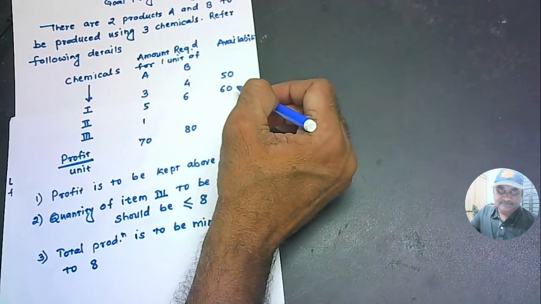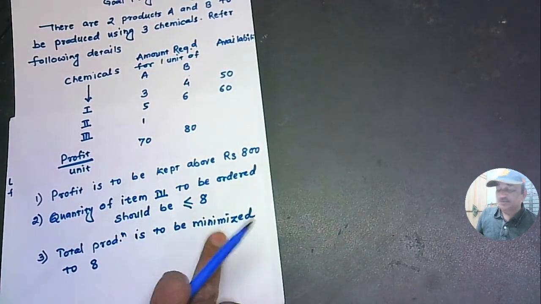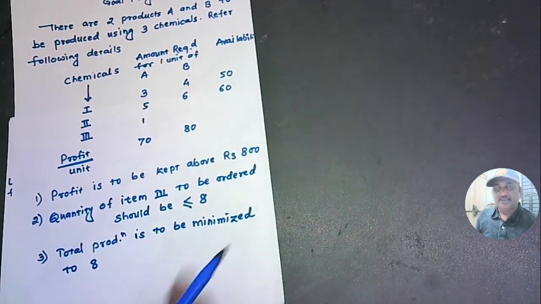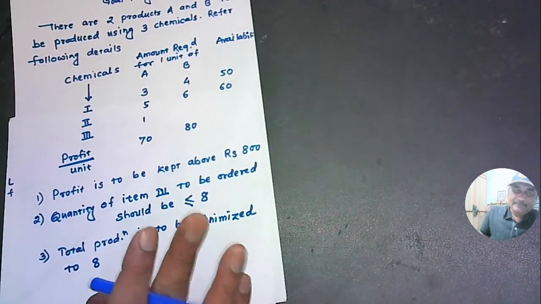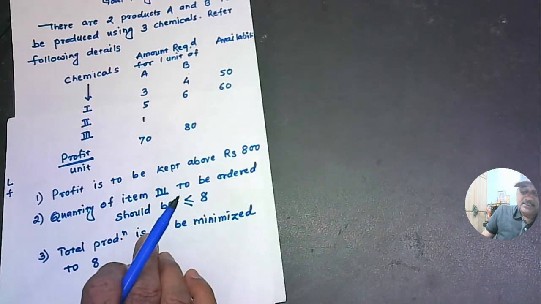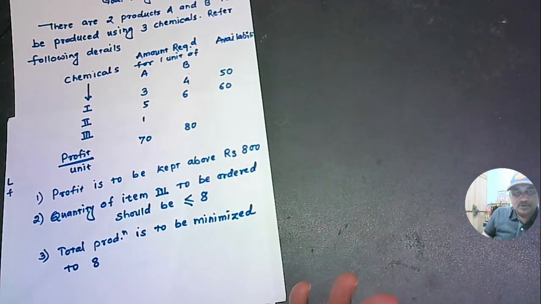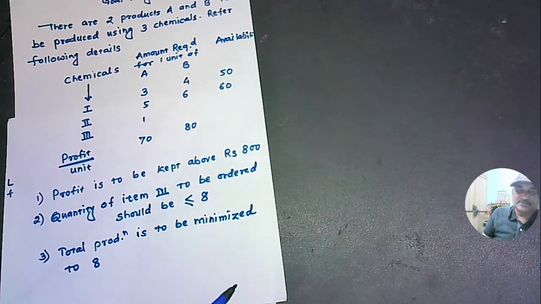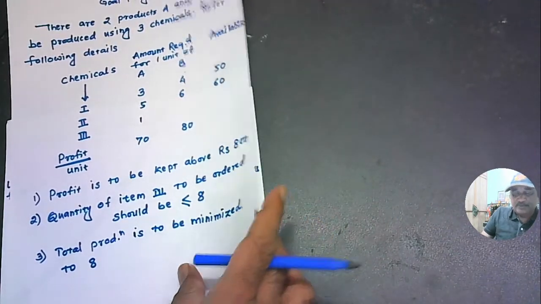But as far as the availability given in this table is considered, it is 50 and 60. Then finally the production is to be minimized, and it is to be kept to a certain value like 8, but it doesn't mean that it has to be less than or equal to 8. It may sometimes go beyond 8. Some flexibility has to be there when you are executing your production, being a production manager or production supervisor.